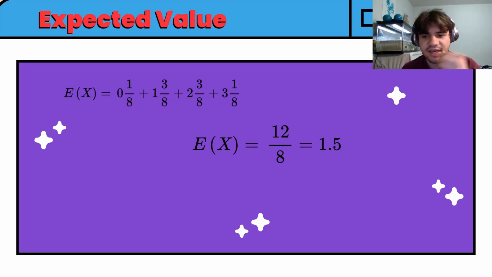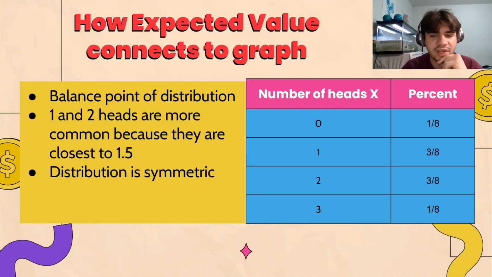This actually means that if we repeated the experiment millions or billions of times, the average number of heads per trial would get closer to 1.5, right? And here I want to explain how this relates to the theoretical distribution, because as I said, the expected value is just the weighted average.